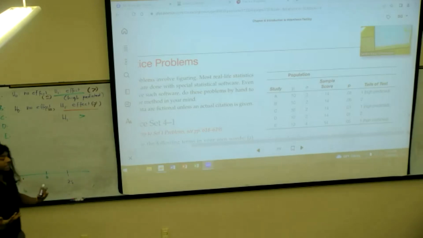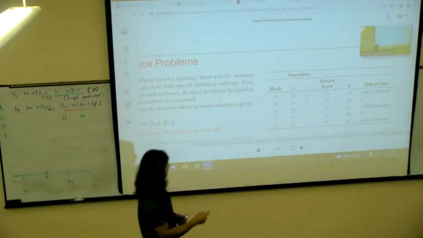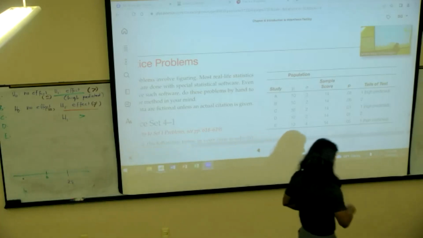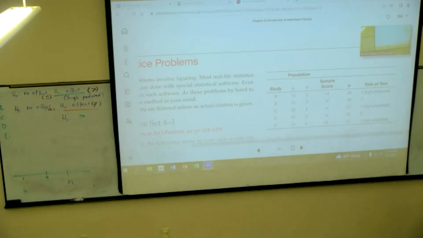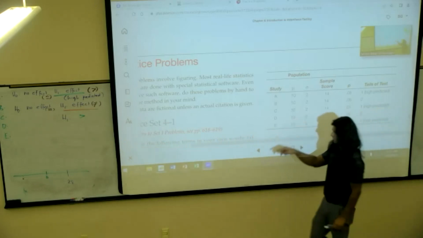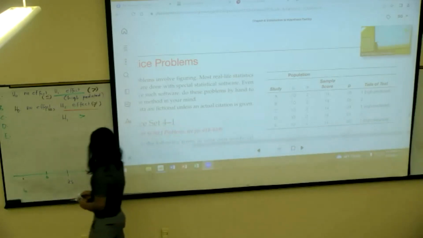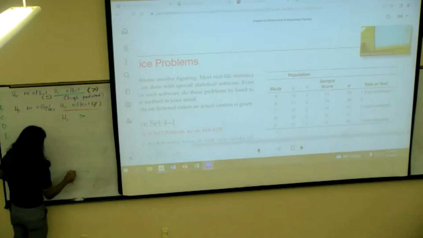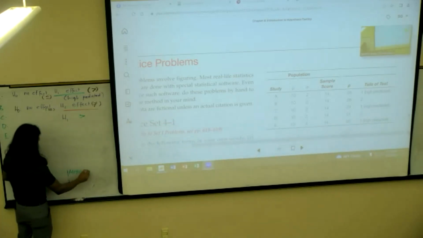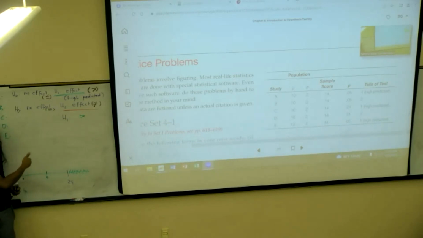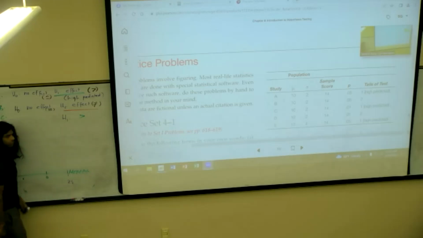You can find that table in your textbook, in chapter 4. They have summarized it. So for study C, if the sample score exceeded 2.4, I'm going to reject the null.